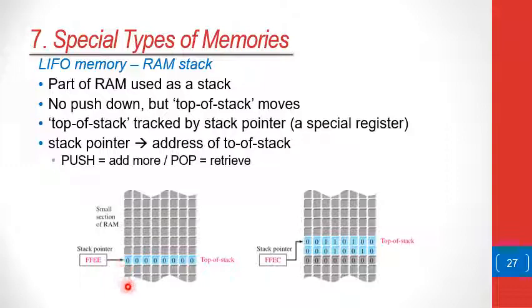Now, when data is pushed into the stack, that is when you want to store data, you will store the data. In this case, it has only a single piece of data in the stack, which is at FFEE. Now, as more data is being pushed into the stack, the stack pointer simply changes by tracking that the top of the stack will be pointing to the latest data that was pushed into the stack.